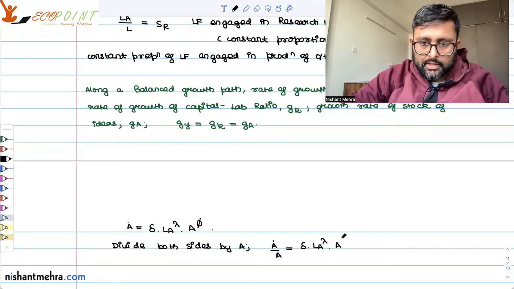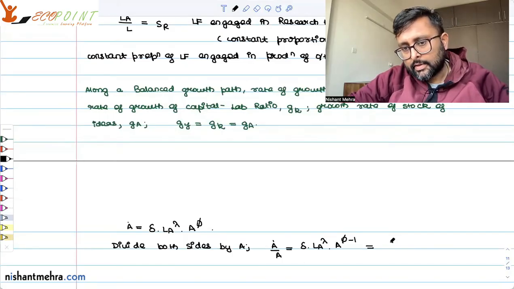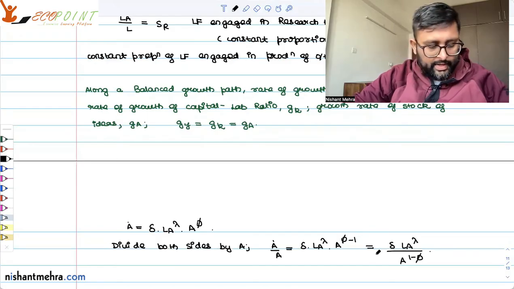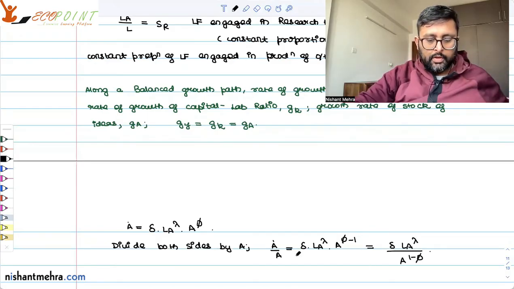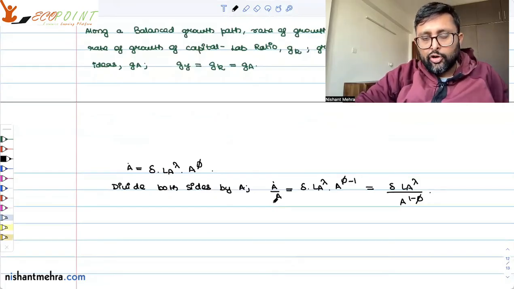Of course, this is phi minus 1, but I will write this as delta L_A to the power lambda upon A to the power 1 minus phi. And along the balanced growth path, G_A is constant. So this A dot by A is G_A.